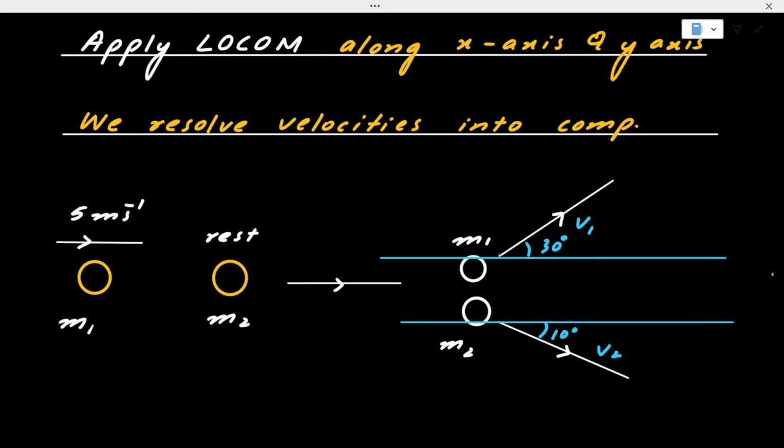If I resolve the velocities into components, one component of v1 would be to the top, one would be to the right, because the vector was in the top right corner. This one would be v1 cos 30. This one would be v1 sin 30.